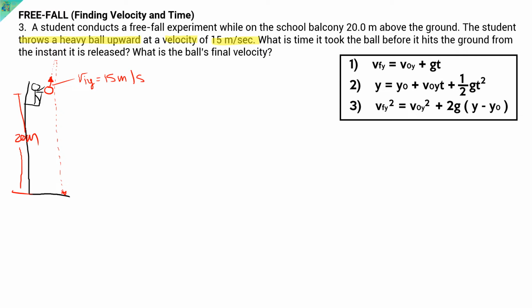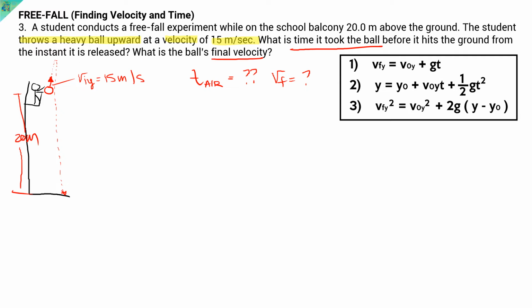Okay, we are searching for the time it took the ball, that is time in the air, and the final velocity. So we are also searching for the final velocity. So bago siya huminto dito, ano yung kanyang bilis before it hits the ground.